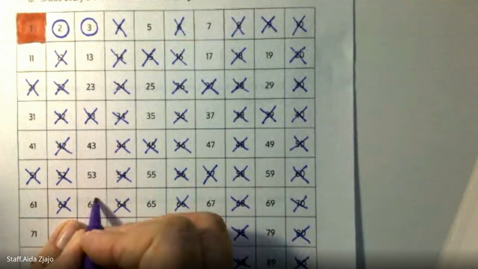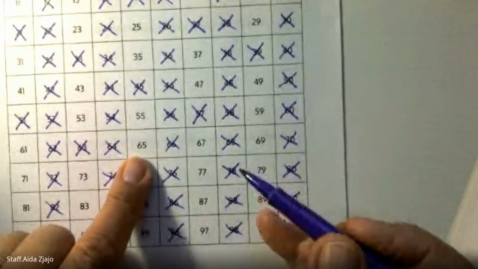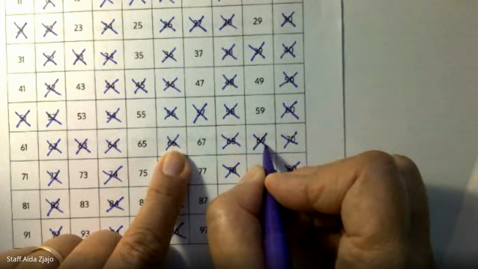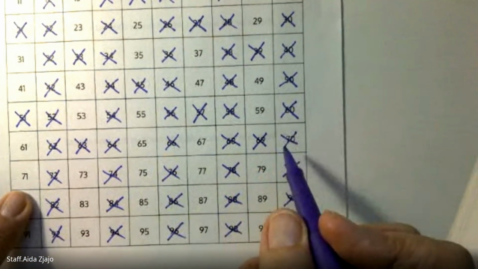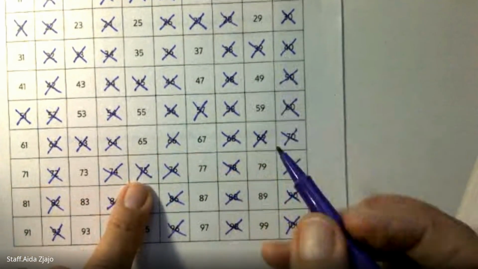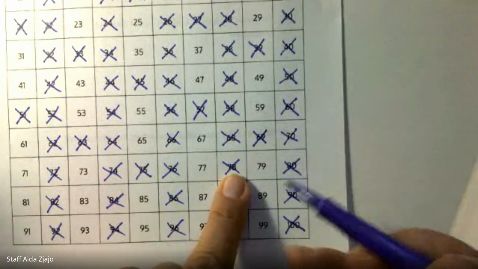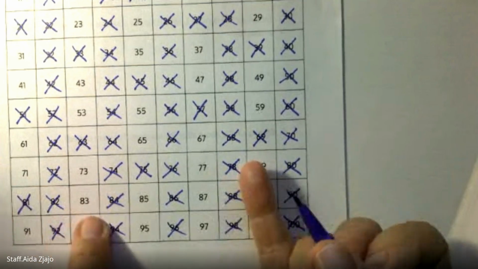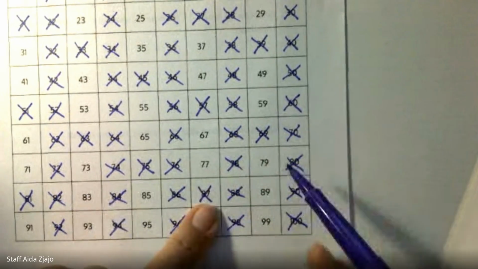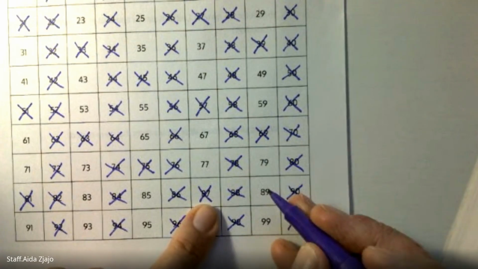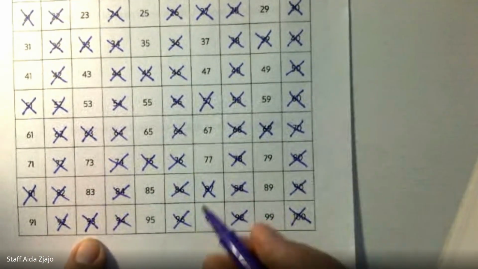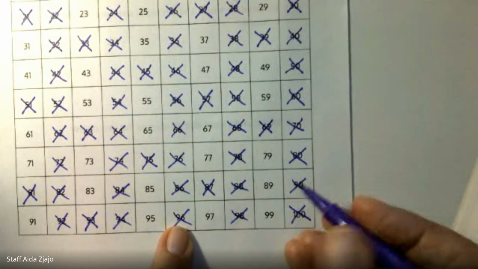60 and 3 is 63, then 66, 69, 72, 75, 78, 81, 84, 87, 90, 93, 96, and 99.